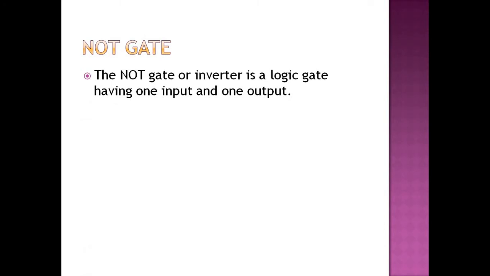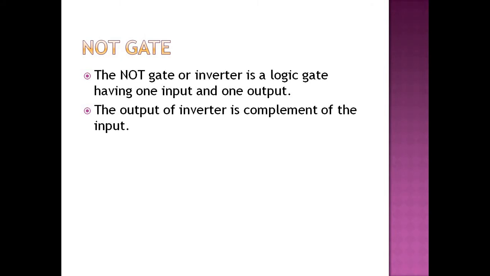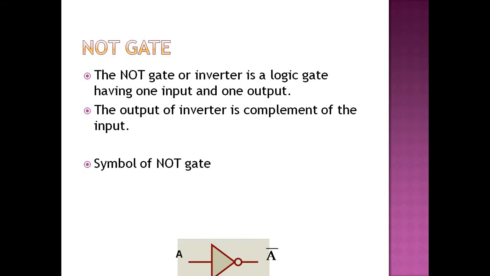Now we focus on the NOT gate. The NOT gate or inverter is a logic gate having one input and one output. The NOT gate is also called an inverter, and it has only one input and one output. The output of the inverter is the complement of the input. Symbol of NOT gate is shown in the following figure.